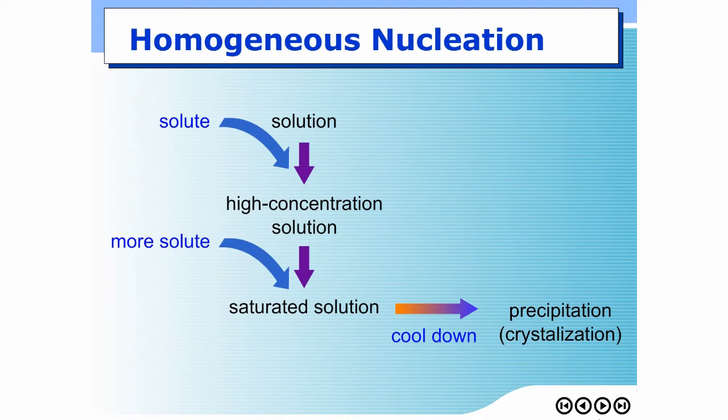Alright? This is a conventional process. You cool it down, basically you reduce the solubility, and the concentration that already exceeds that solubility has no choice but to precipitate out, keeping the concentration inside the solution at solubility at all times.